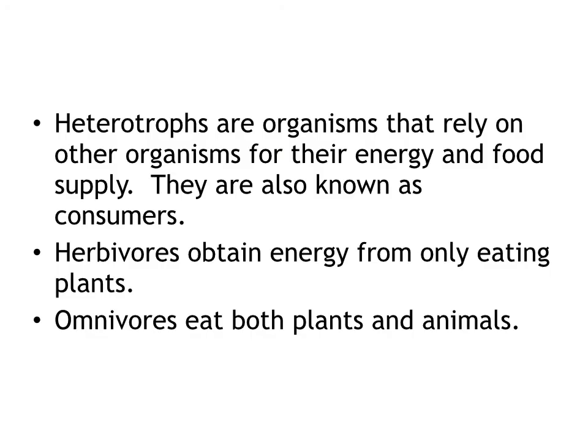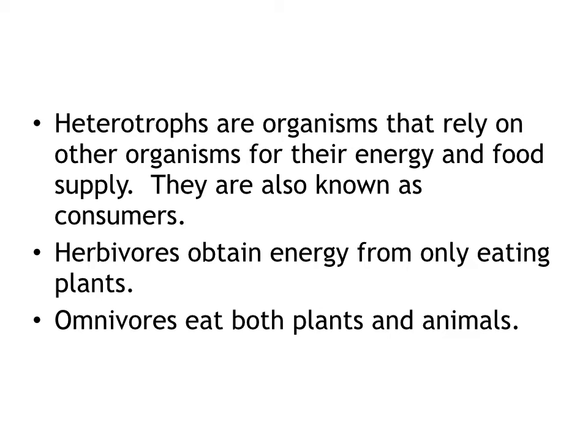Heterotrophs are organisms that rely on other organisms for energy and food supplies, also known as consumers. We are heterotrophs. We cannot use the sun's energy to create our own. Herbivores obtain energy from only eating plants. Now, humans can survive as herbivores, right? Vegetarian and vegan, things like that.